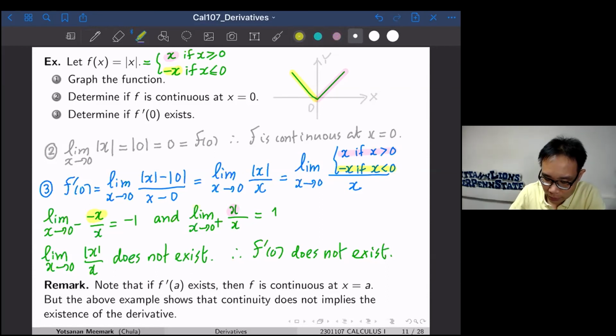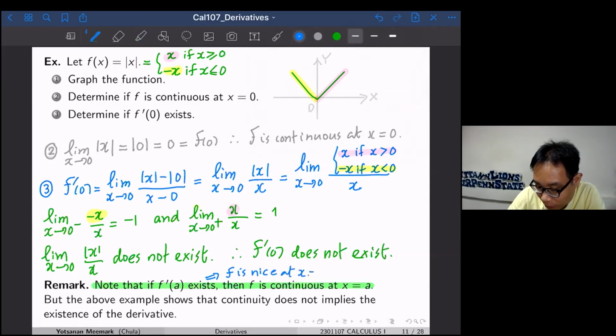However, if f prime exists, the function will be continuous at x equal to a. Okay, so we're gonna have an important remark: if f prime exists, if you are able to differentiate, the function will be nice. So if f prime exists, it implies that f is nice at x equal to a.